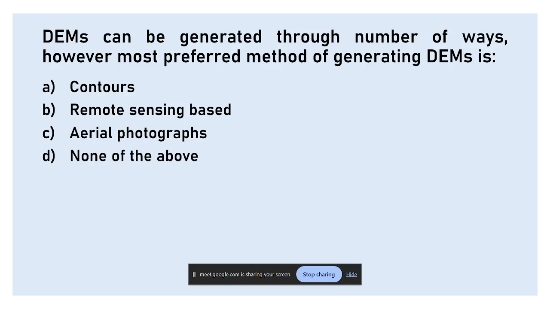DEMs can be generated through a number of ways. However, the most preferred method of generating DEMs is, I already said it before, we can prepare DEMs through all these methods, but what is the common one?